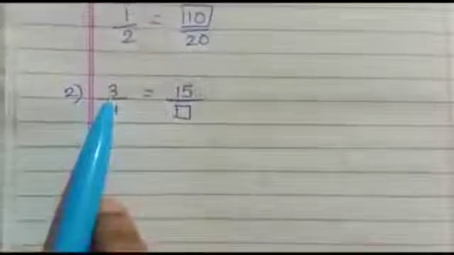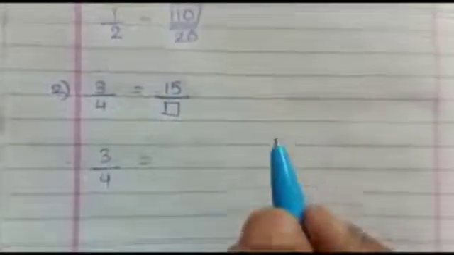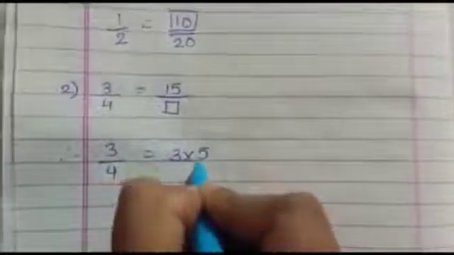Is 15 coming in 3's table? How many is it? 3 5's are 15. So we will write it as 3 multiplied by 5. Down it is 4, so 4 also multiplied by 5.